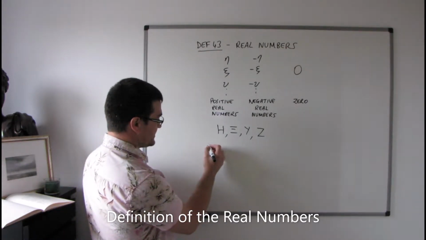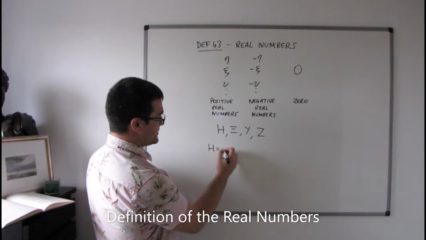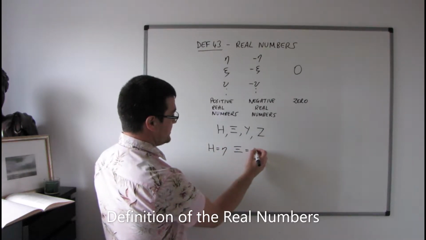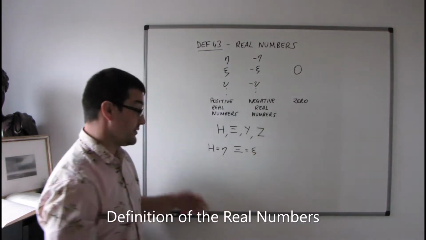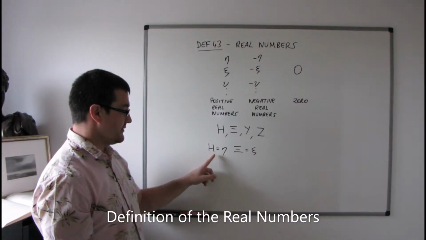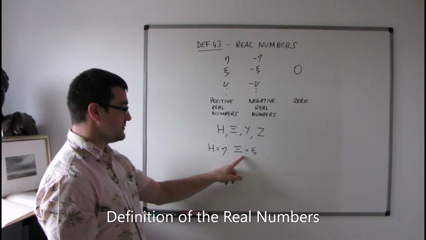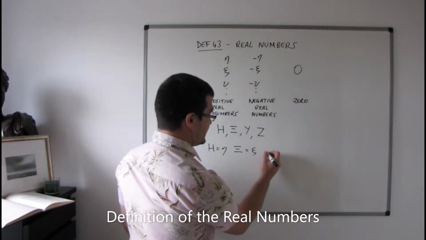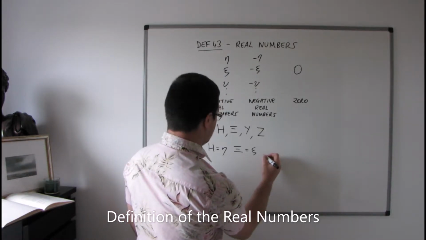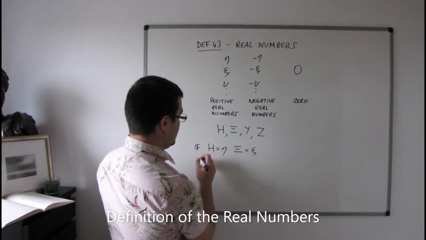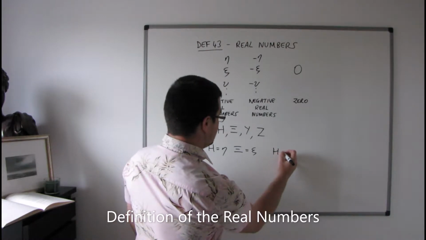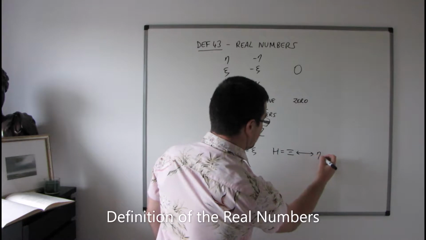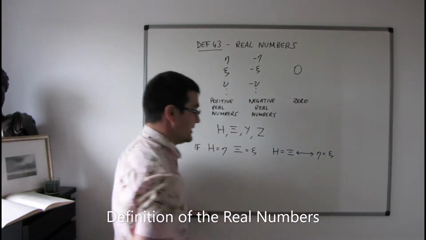So let's say that we've got η is equal to η and ψ is equal to ψ. In other words, I'm saying here that these are positive real numbers, because I'm using symbols that represent strictly positive real numbers. Then we've got that η is equal to ψ if and only if η is equal to ψ.